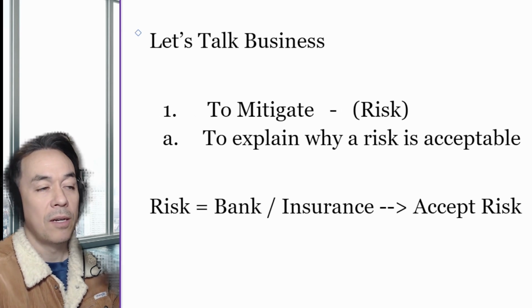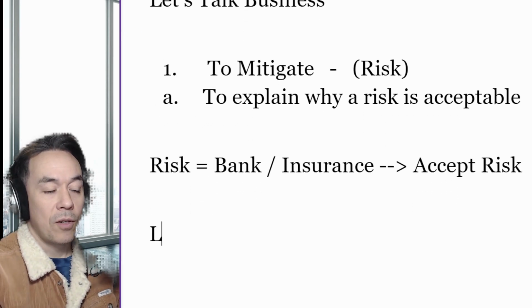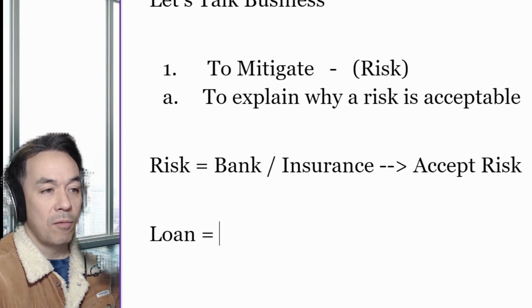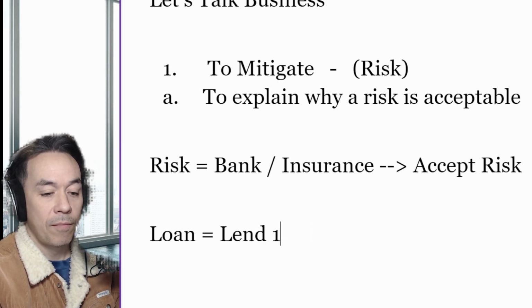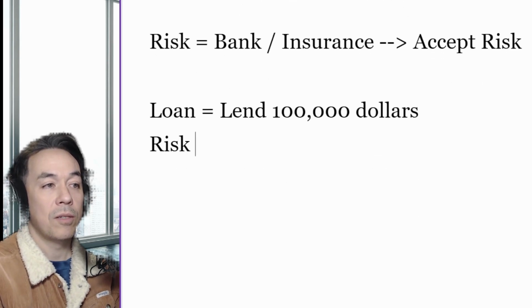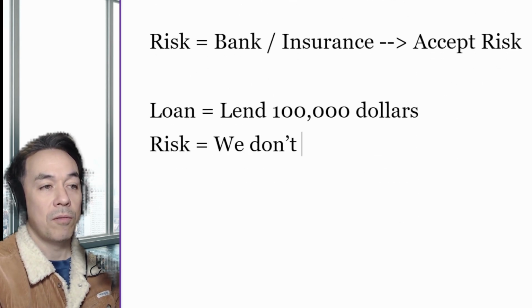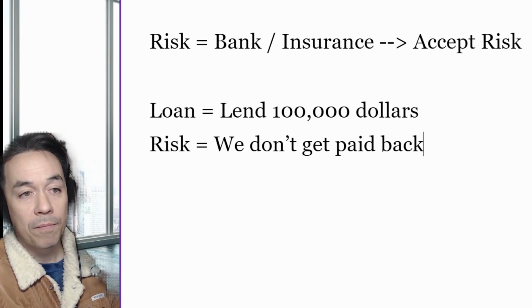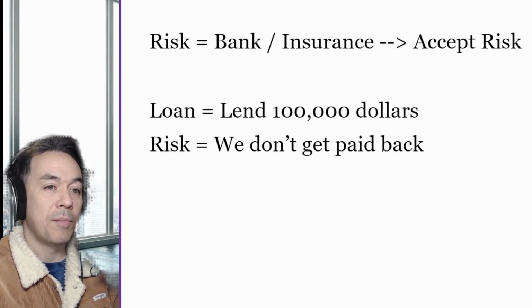Okay, so let's say that for a loan, the bank says, we're going to lend, I don't know, we'll say $100,000. Okay, so the risk, of course, is we don't get paid back, right? Now, that's bad.